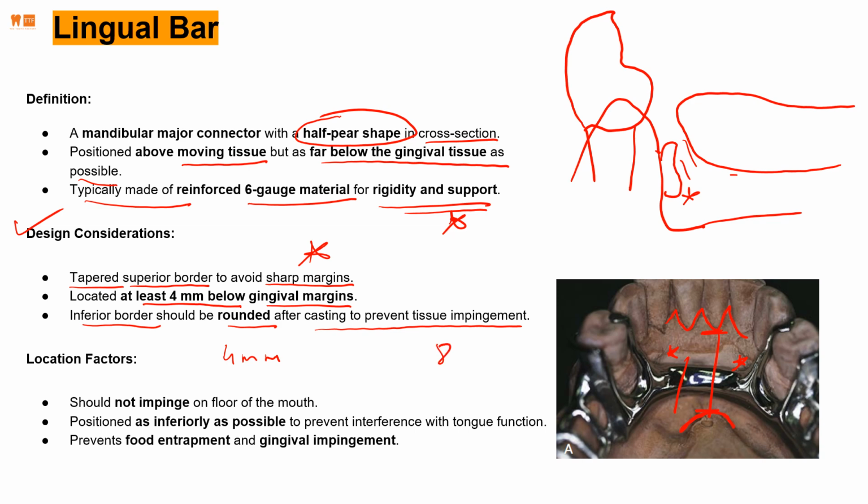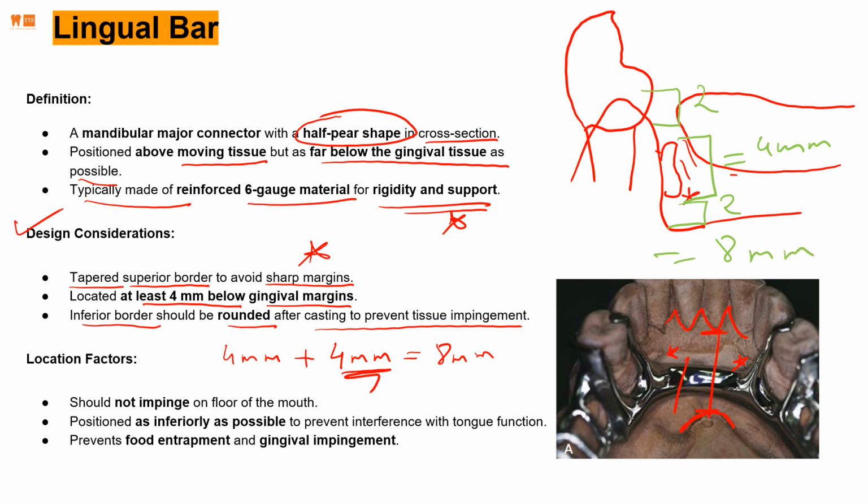A total of 8 millimeters is required until the floor of the mouth, which means that the thickness of this bar is 4 millimeters. Because it came down around 2 millimeters and this is around 2 millimeters. This total is equal to 8 millimeters. And that's the goal. And that's the rule. That's the Bible of lingual bars.